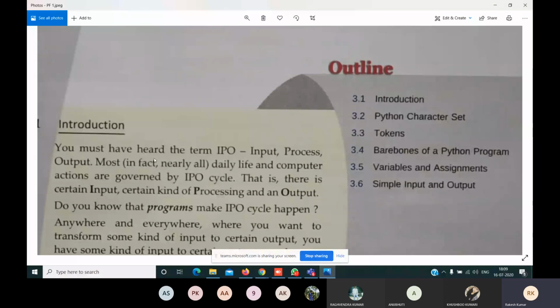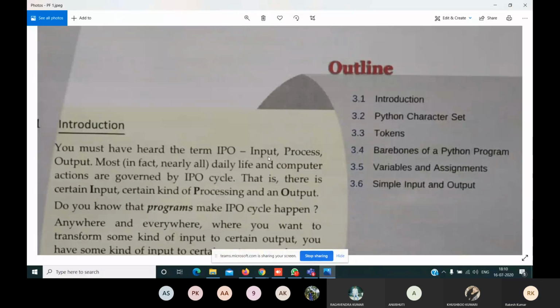You must have heard the term IPO: input, process, output. This is the cycle, and the computer works on this process. First input, second process, and third is output.